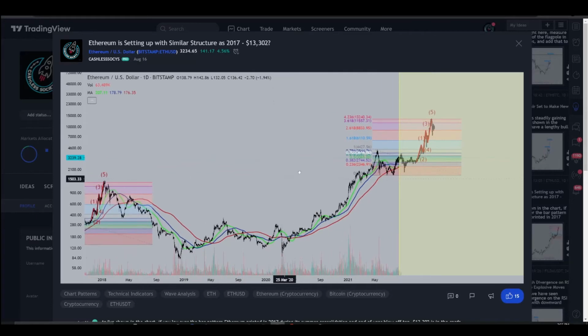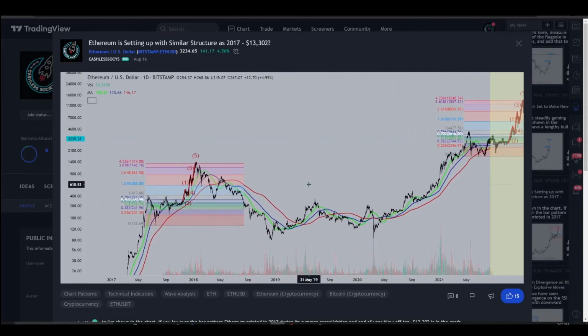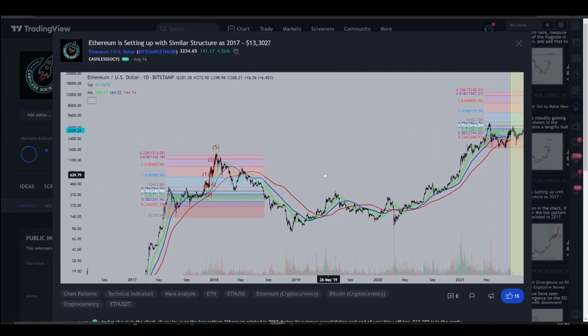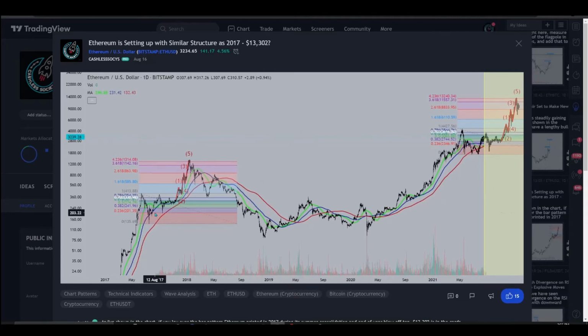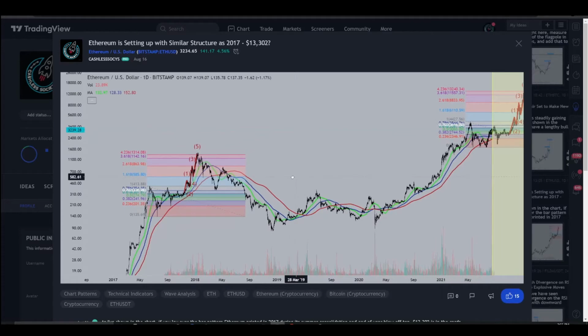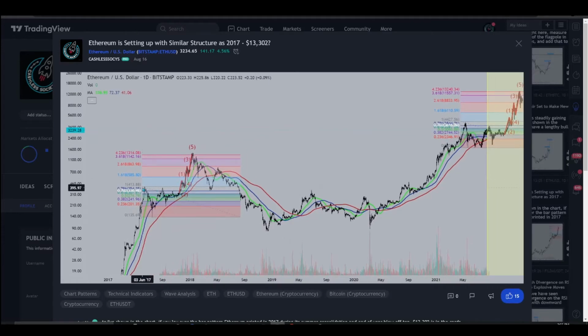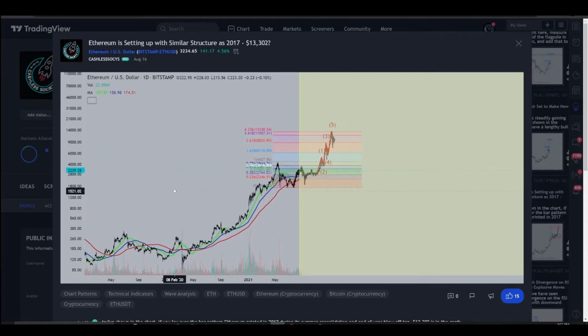All right, so a lot of similarities, but the positive thing to note there is that we did end up consolidating and blowing up one more time. So this fib retracement took us all the way up to 1,300, the top of it, and that's exactly where we went. So Ethereum does the exact same thing.